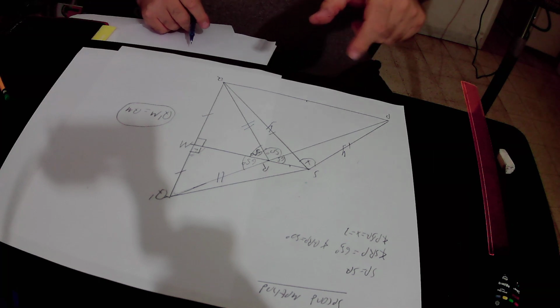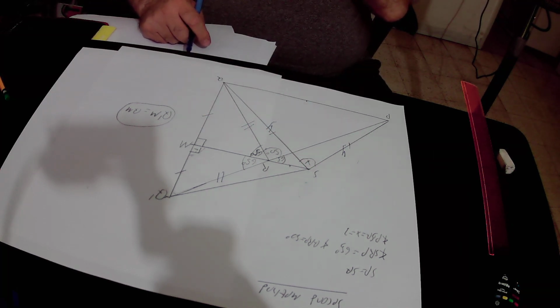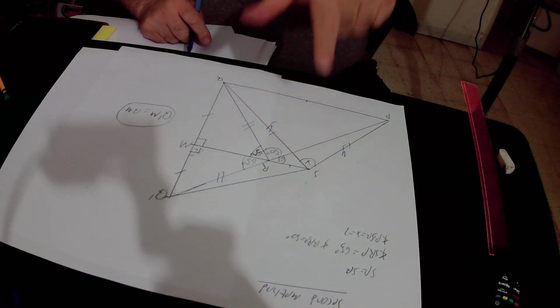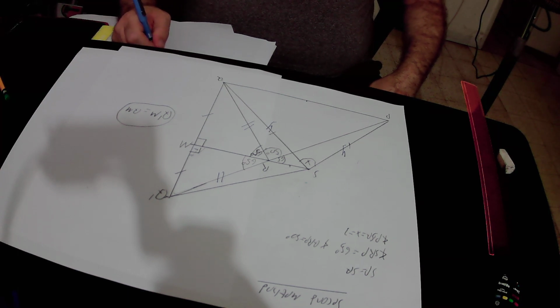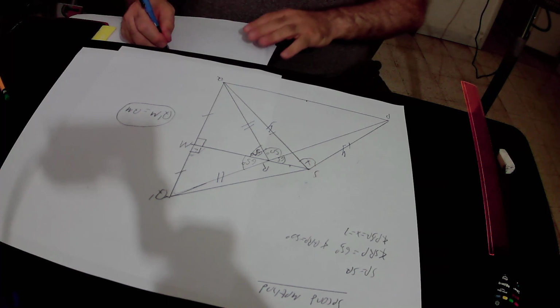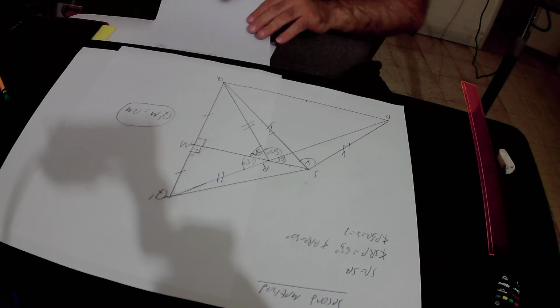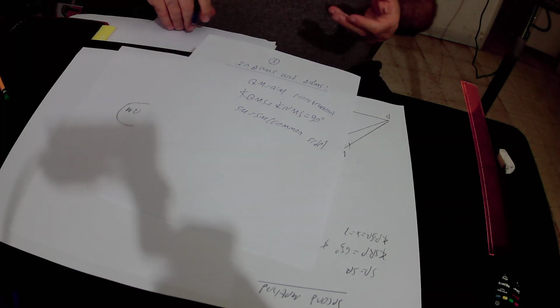And we also have here a common side. SM is a common side, it belongs to both triangles. So we can write down that SM equals SM as a common side.